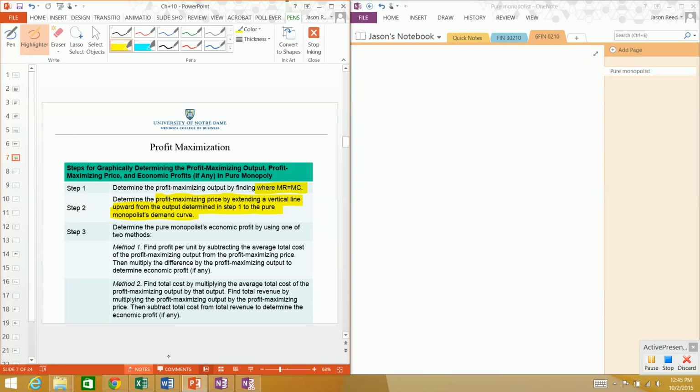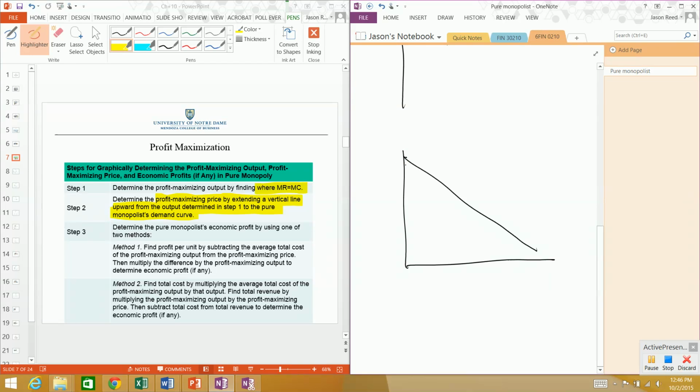So again, if we're looking side by side at this relationship, what we end up developing here is a downward sloping demand, marginal revenue, and now we have some marginal cost.